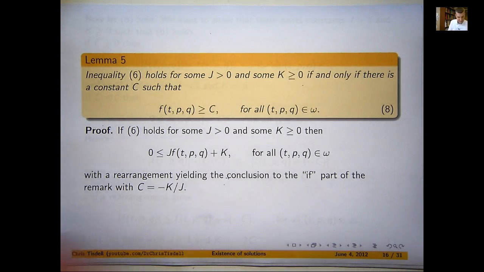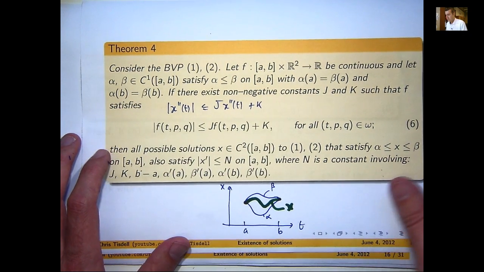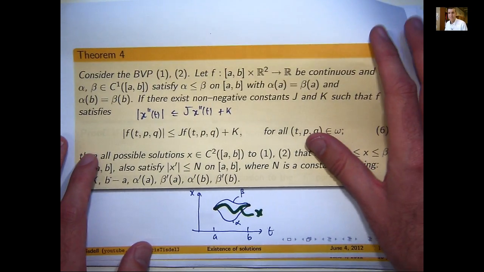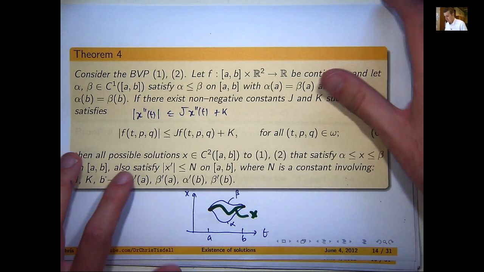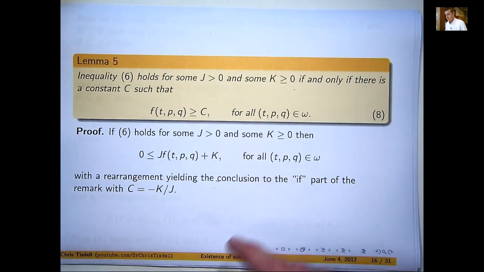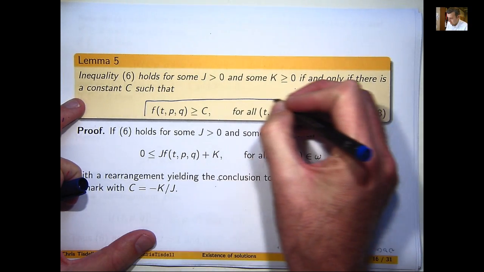Now, this may look quite abstract on a first viewing. It's not too bad to work with, but what we always try to do in mathematics is to present the simplest case if we can. So you can break this inequality down to the following very, very simple inequality.